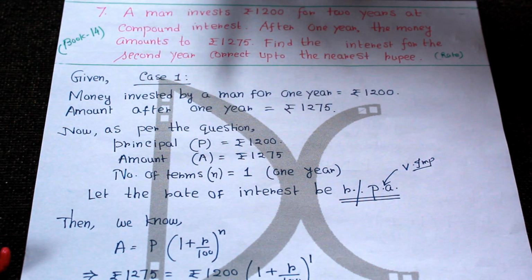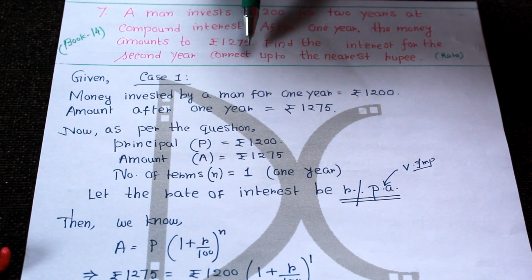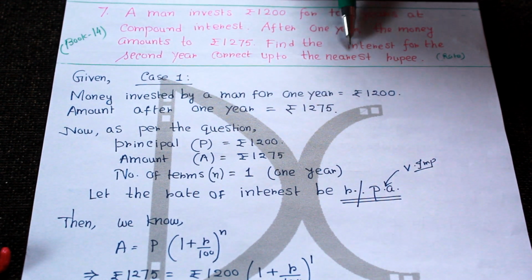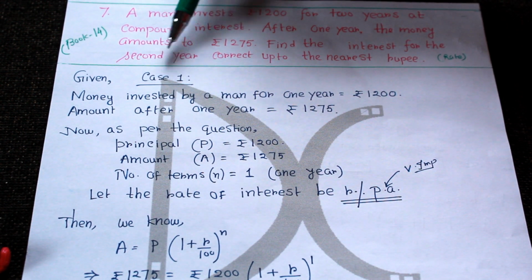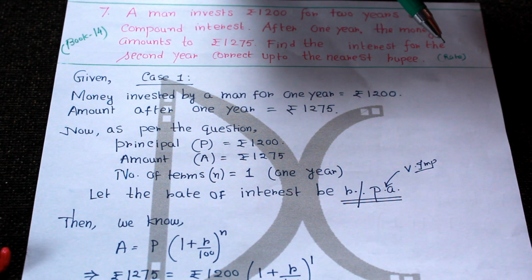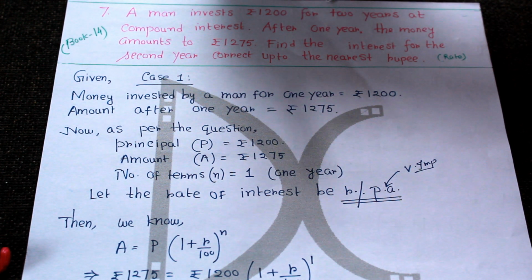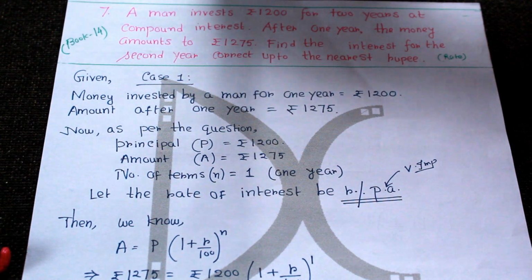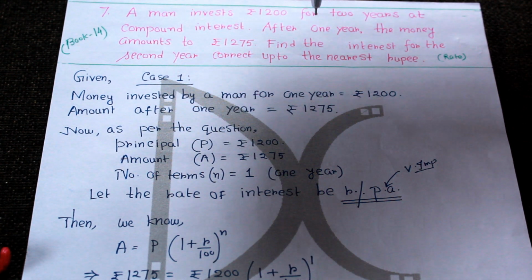So the sum amounts to 1275 after 1 year. Find the interest for the second year, correct up to the nearest rupee. Now they tell us that we will have to find the interest for the second year. For finding the interest of the second year we need the rate.